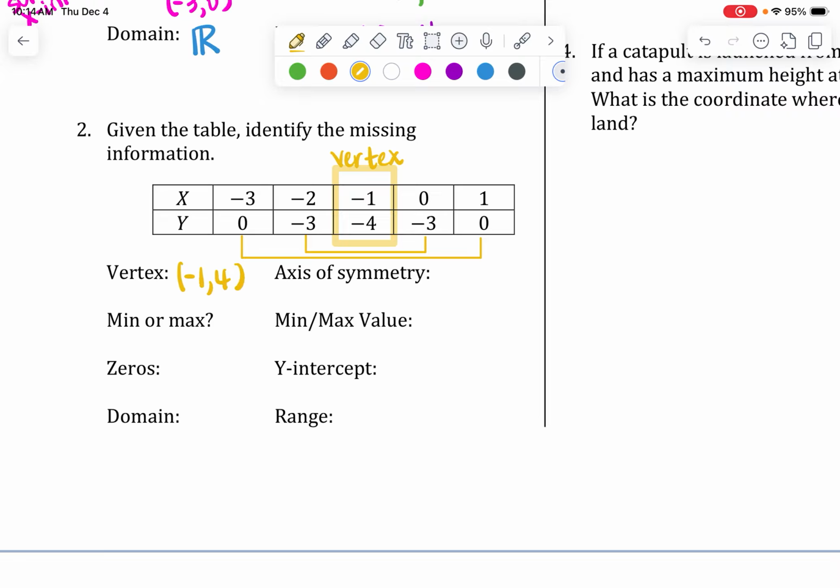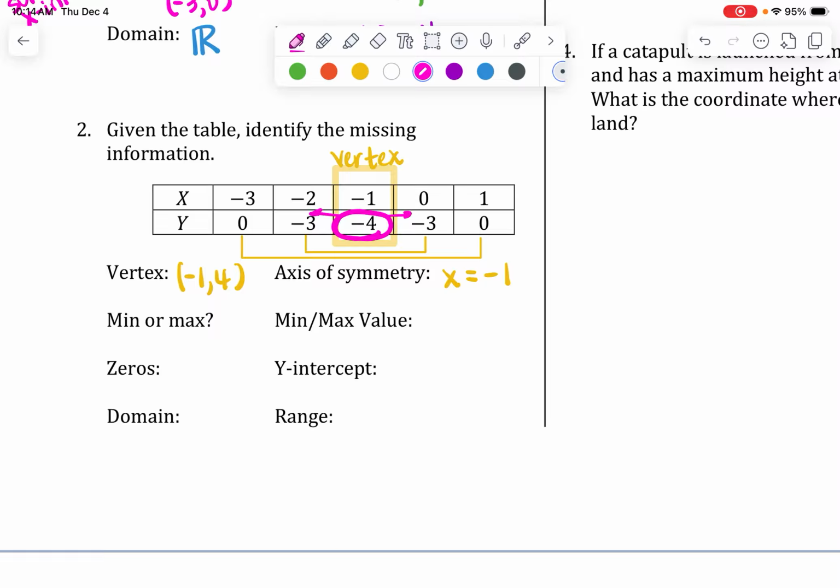Which of course means our axis of symmetry is x equals -1, because we know it has to go through the vertex and the vertex has an x value of -1. Now, is it a min or a max? Well, that's when I need to go back up here to my table and ask myself, if my y value is -4, what are all the y values doing to the left and right of it?